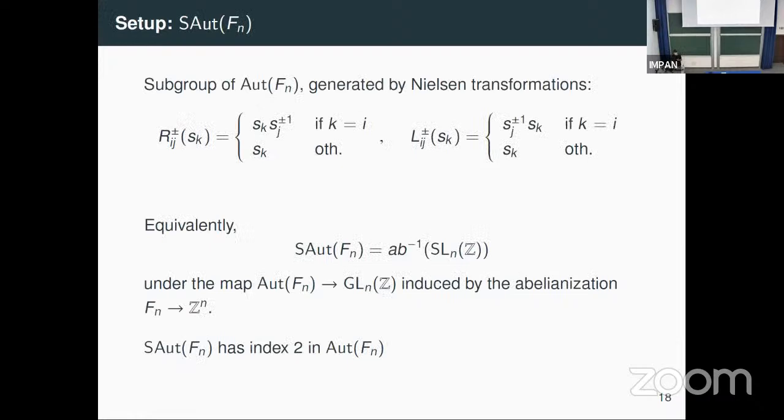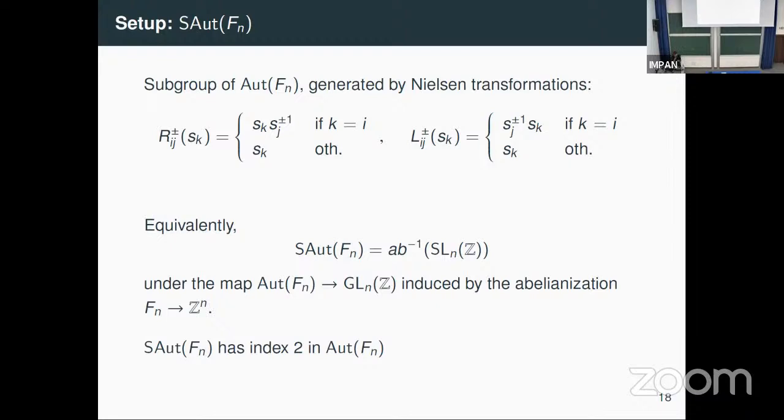Okay, so let me try to explain how this works. The first important thing is that we will work with a certain subgroup of Aut(Fn), which is the subgroup generated by Nielsen transformations. So this is the special automorphism group of Fn. The Nielsen transformations are written here explicitly.